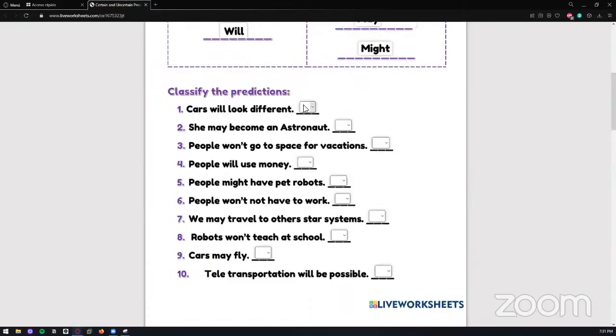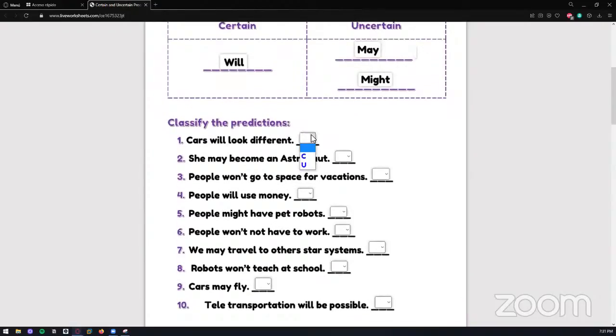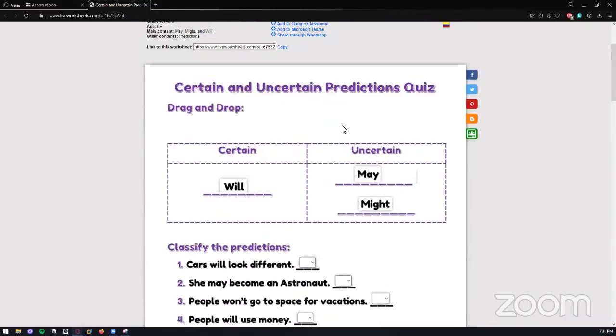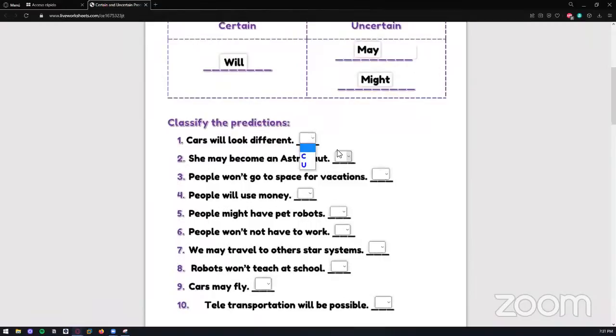Cars will look different. What? Which is the difference, teacher? This is correct. Certain and uncertain. Sorry, certain and uncertain.